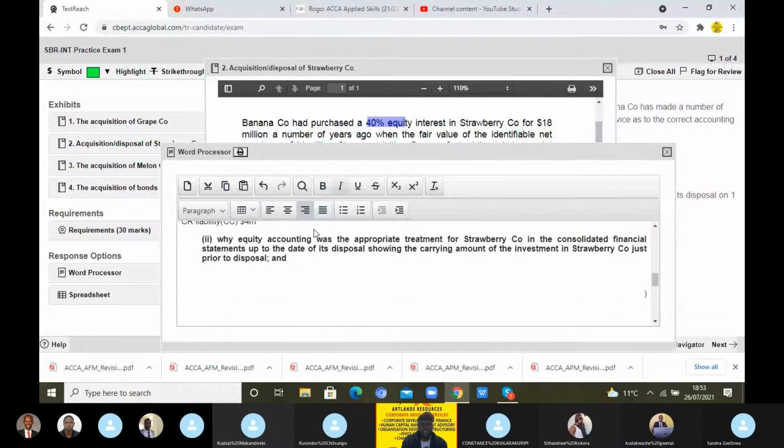So all you simply do is write: by acquiring 40% of Strawberry's equity, let me say S is equity, comma, Banana is assumed to have significant but not controlling influence.